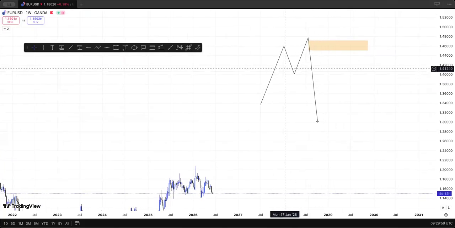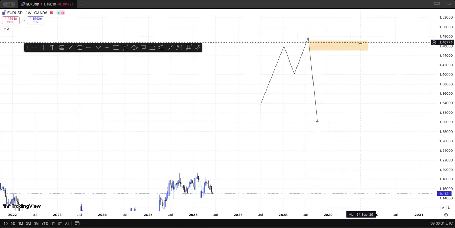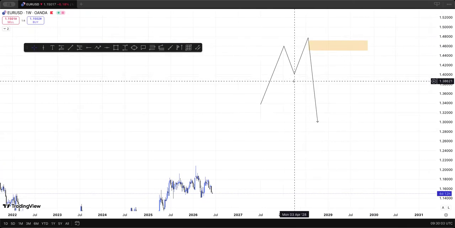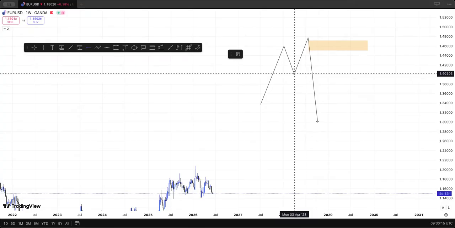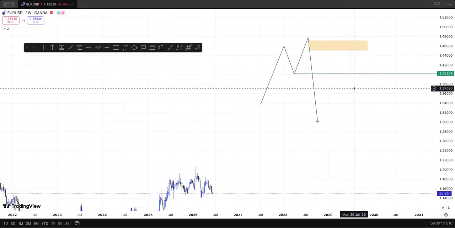We can all see that before we get to the supply, we first have to get to a support or a resistance. Here is the support or resistance level.